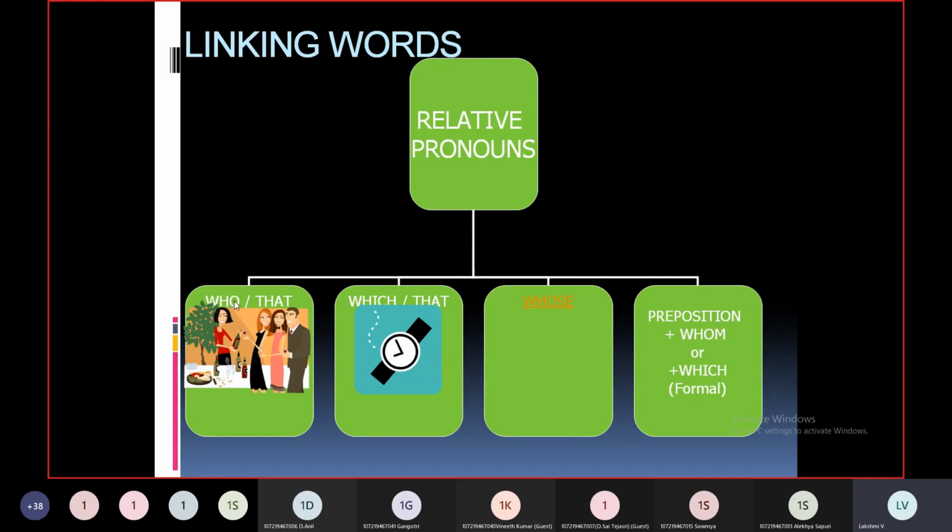When do we use who as a link word in a relative pronoun? Who always refers to people and is used as the subject of the verb. We are waiting for Ajit. Ajit is from India.